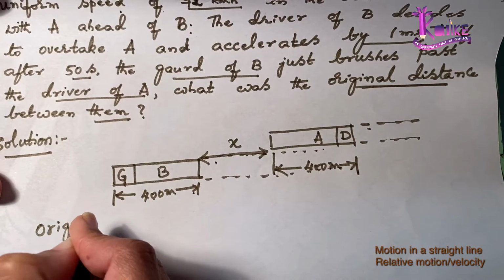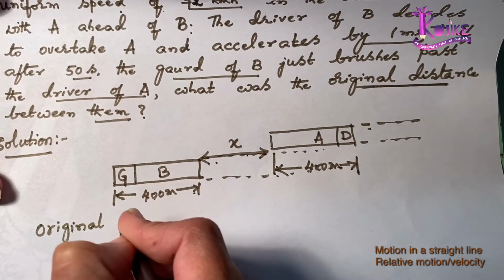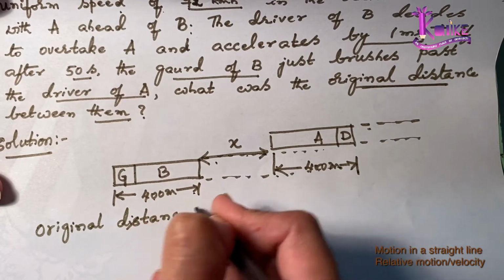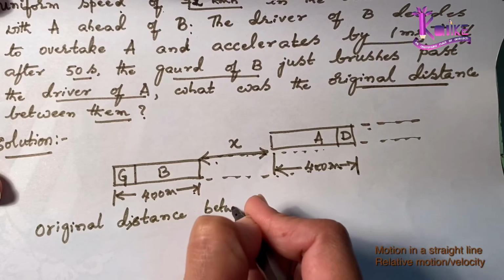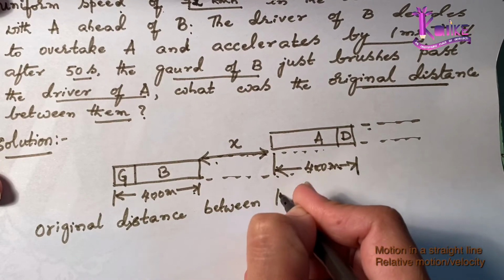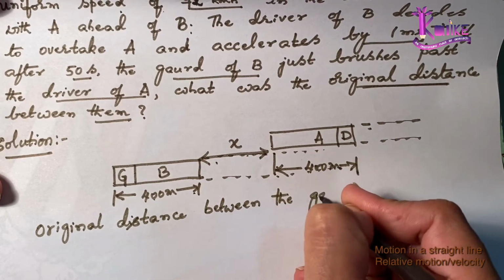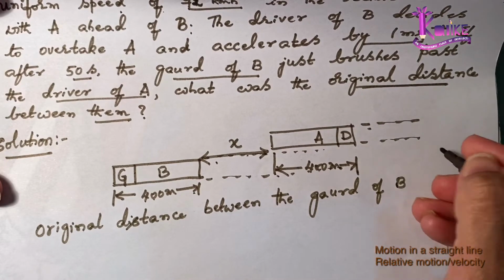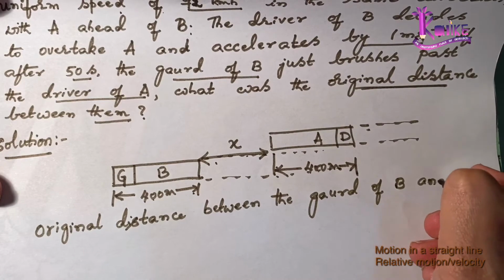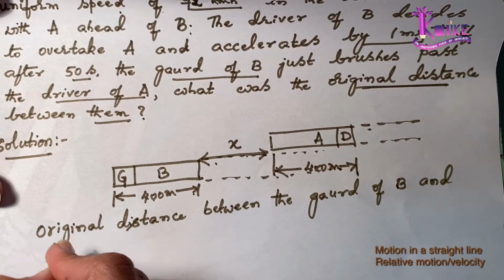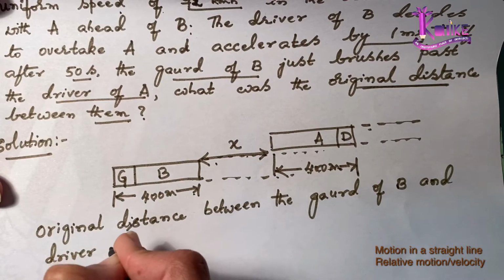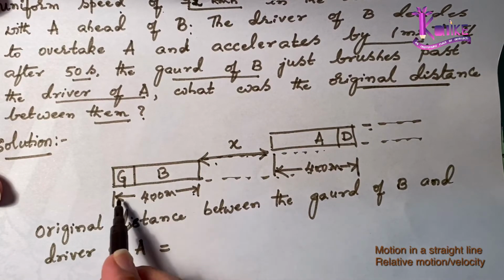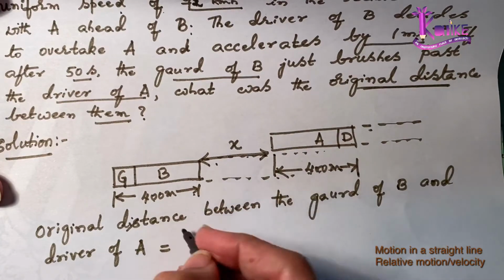original distance between the guard of B, which is train B, and the driver of A is equal to how much? 400 plus X plus 400.